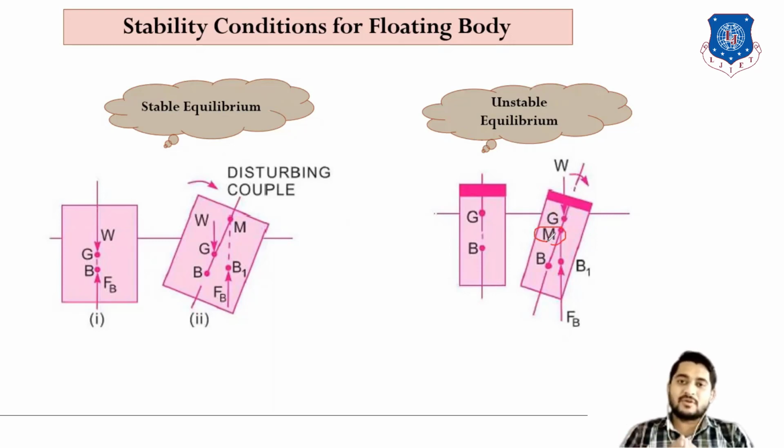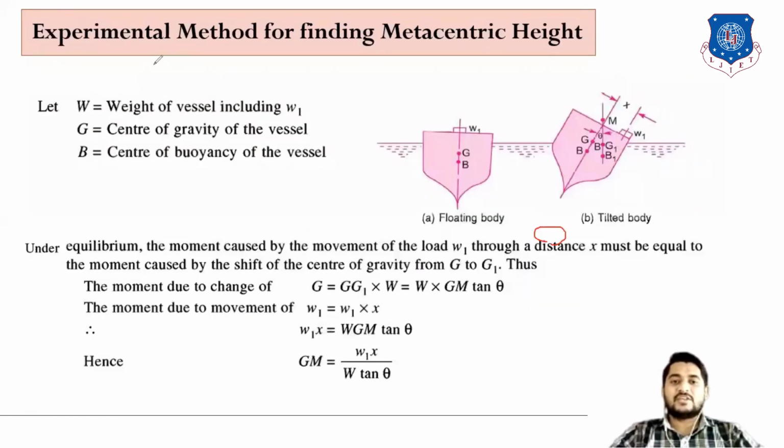You have to remember that for the stable condition, G should be below, and for the unstable condition, G should be above. For a submerged body, you have to compare G and the buoyancy point, and for a floating body, you have to compare G and the metacenter.